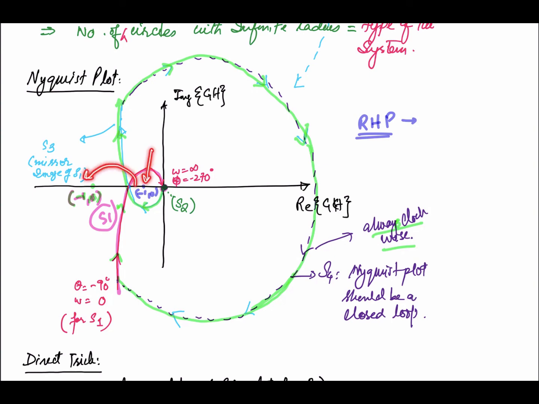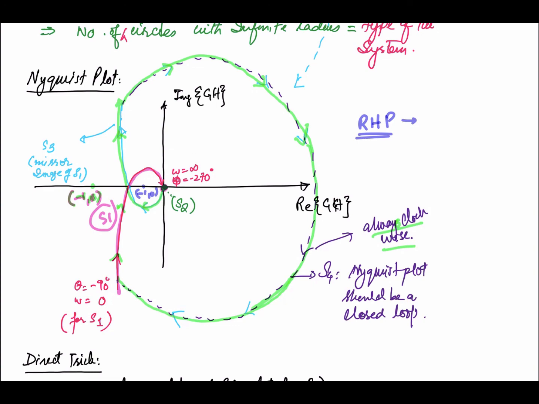But if -1 and 0 is outside this contour, this path in the GH plane, the polar plane, then the zero of the characteristic equation is not in the right half plane, and it means the pole of the closed loop system will not be in the right half plane, so your system will be stable. So looking at the encirclement around -1 and 0, you can look at the stability of the closed loop system.